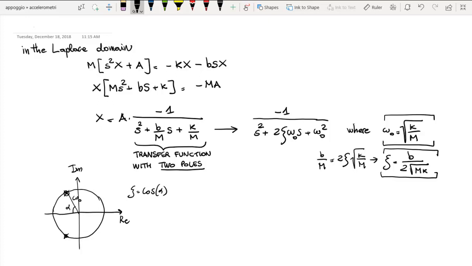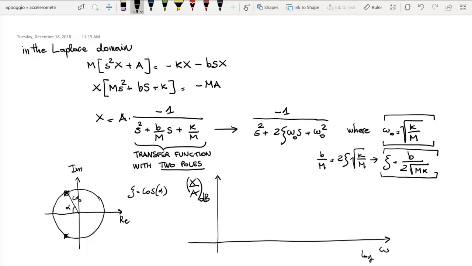What is the shape of this transfer function? We can just look at the Bode diagram of the amplitude. So we can plot x over a, the transfer function in dB, as a function of omega on a logarithmic scale.